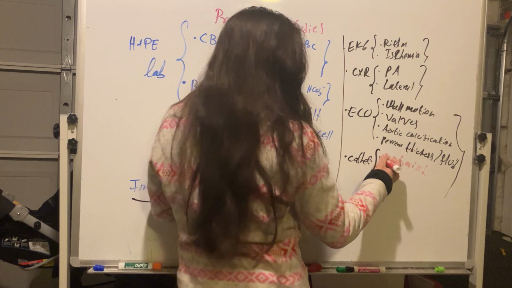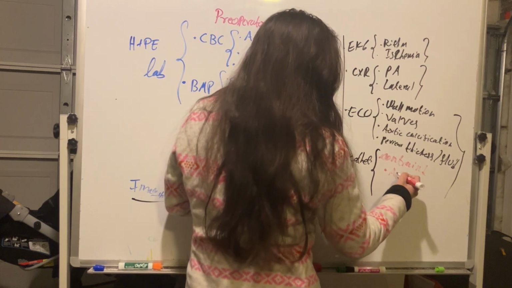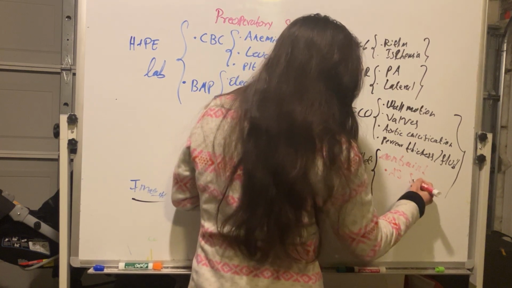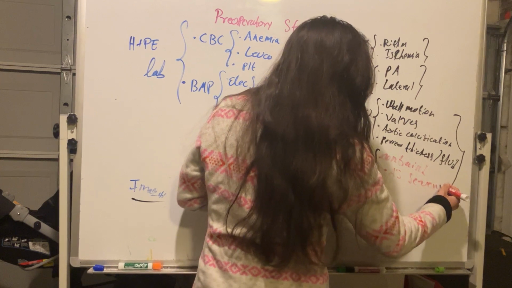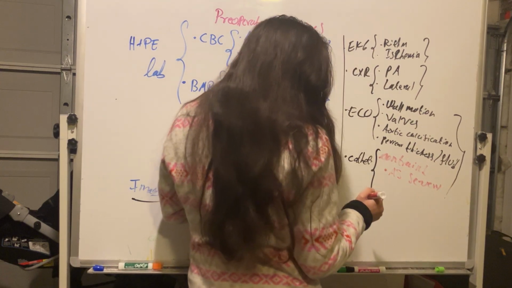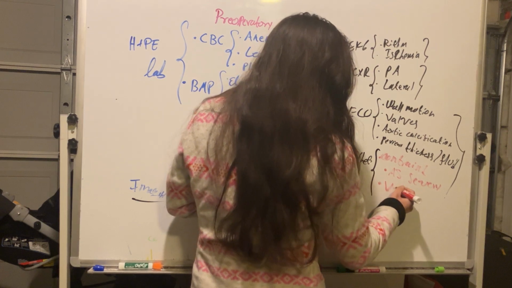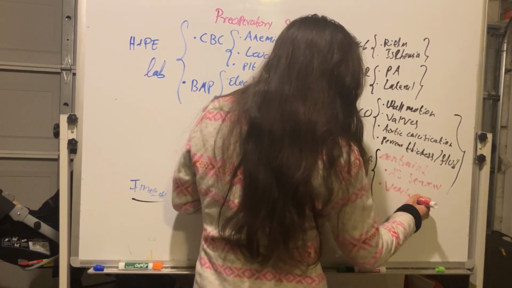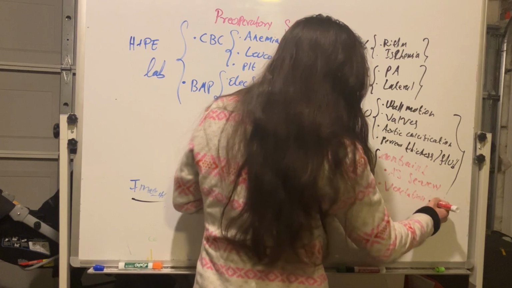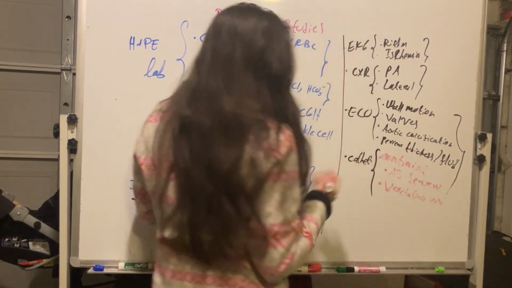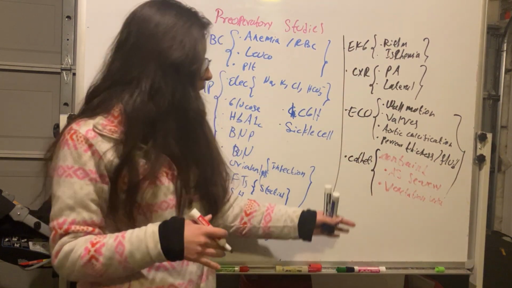Contraindication to catheterization would be if the patient has severe aortic stenosis, or if the patient has vegetation in the valves, in the left valves.